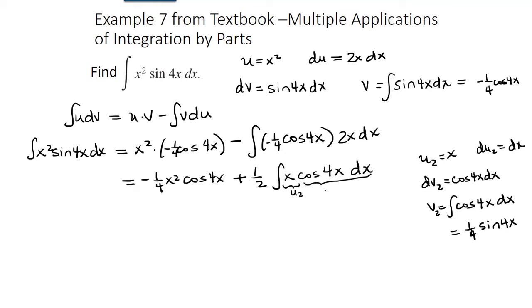u2 and our dv2. By the integration by parts theorem, the integral of that will be equal to u2 times v2 minus the integral of v2 du2.